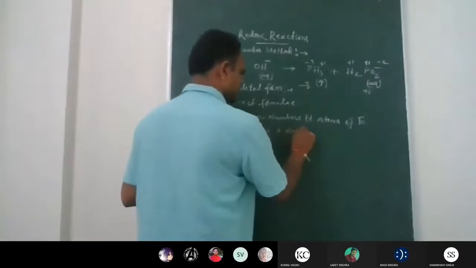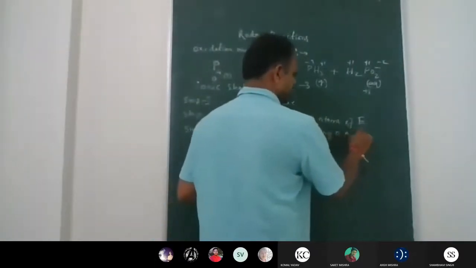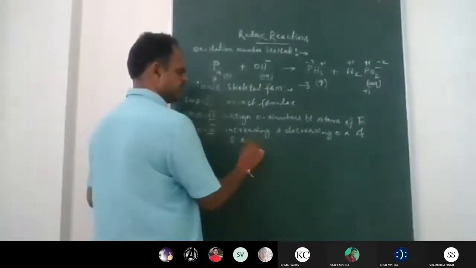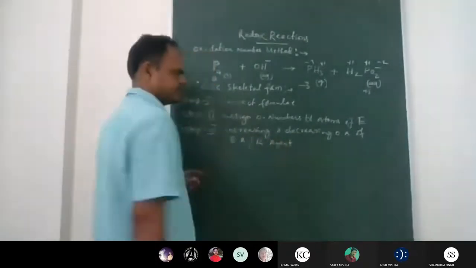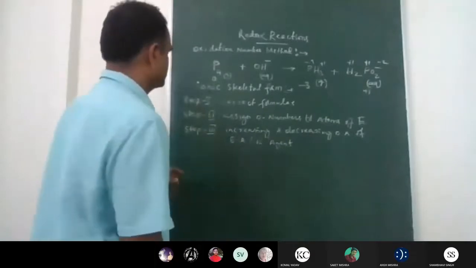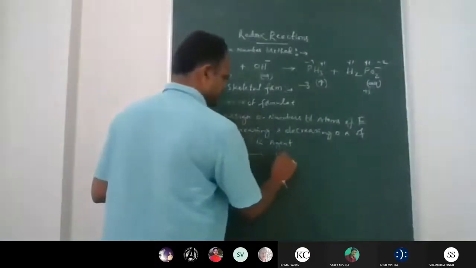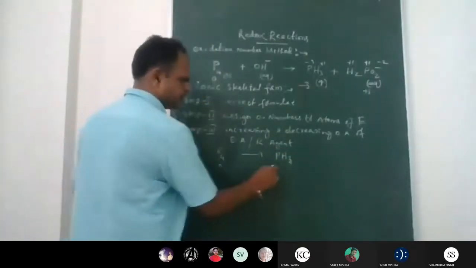Phosphorus P4 changes into PH3, so 0 to -3.